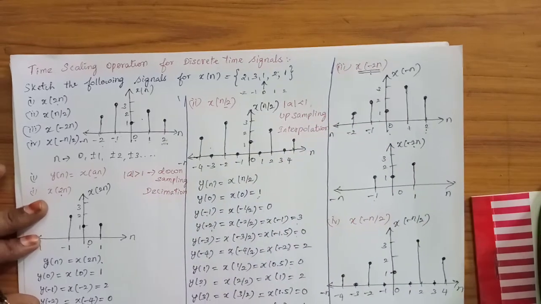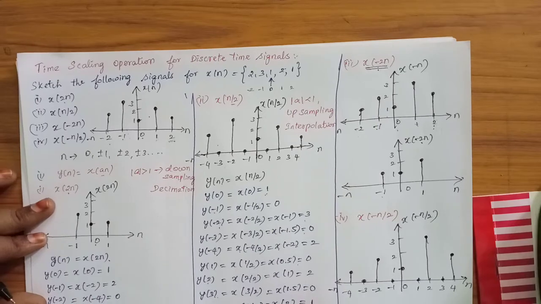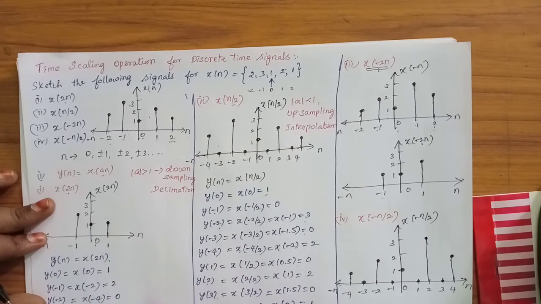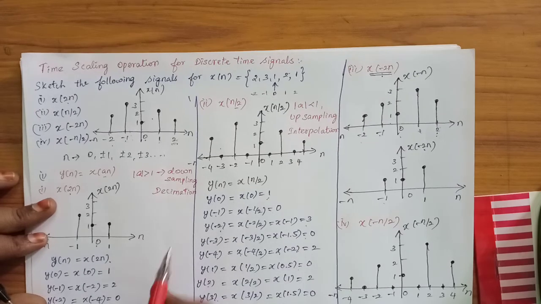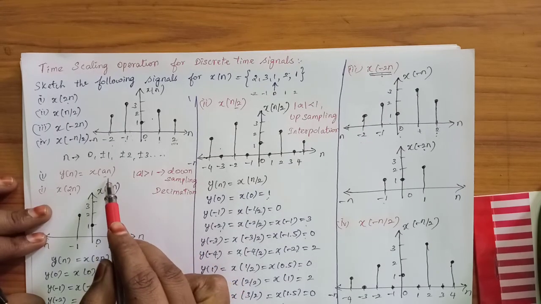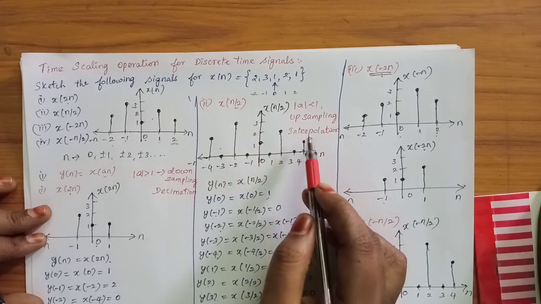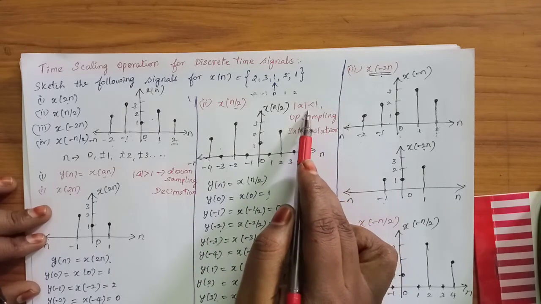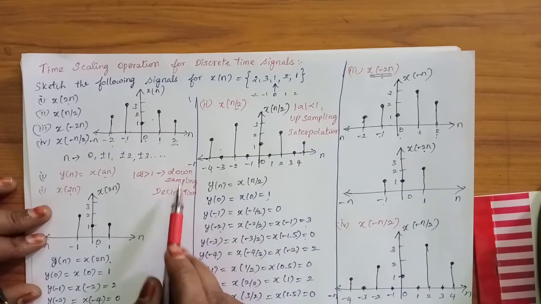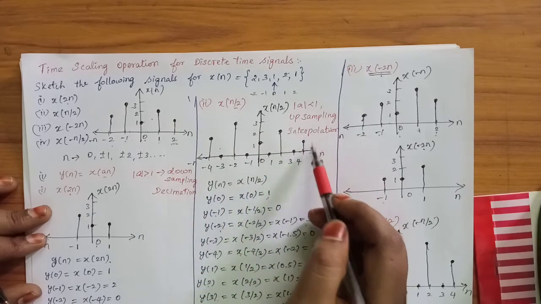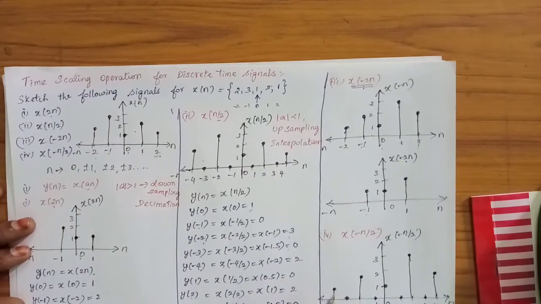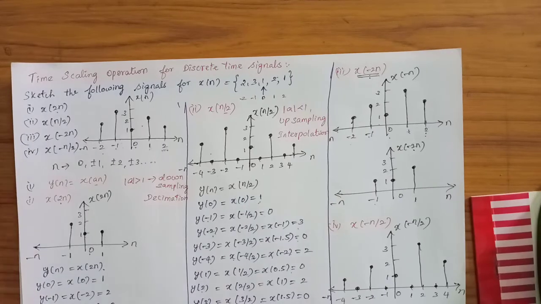In continuous time, we refer to them as compressed signal and expanded signal. In discrete time, we refer to it as downsampling when a is greater than 1 and upsampling when a is less than 1, or downsampling or decimation, upsampling or interpolation. Upsampling and downsampling depend only on the magnitude of a, not on the sign of a.